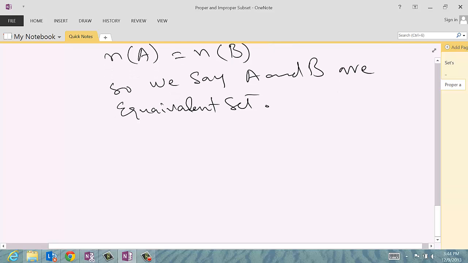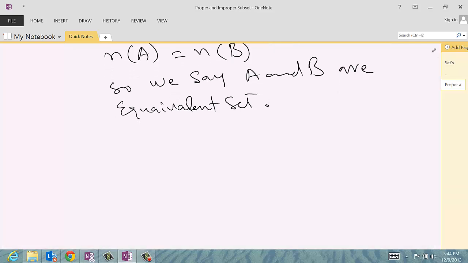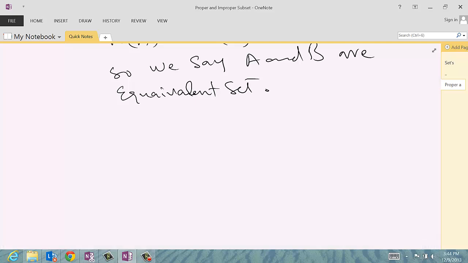So now, just like we multiply numbers, we add ordinary numbers, we subtract numbers, we divide those numbers, but because sets are entirely different type of objects, what kind of operations can we perform on sets? So basically there are two operations which we can perform on sets.